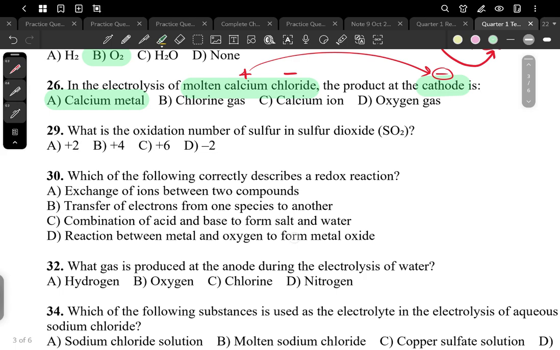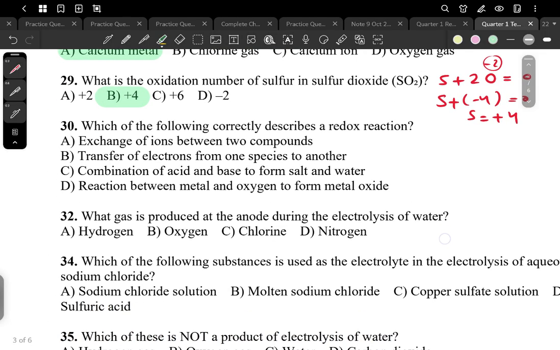I'm going to use the rules and make an equation here. S plus 2 oxygen equals 0. We know that oxygen always has a value of -2. So S plus -4 equals 0, so S equals +4. +4 is the correct answer.